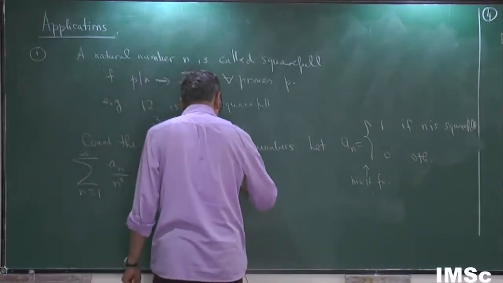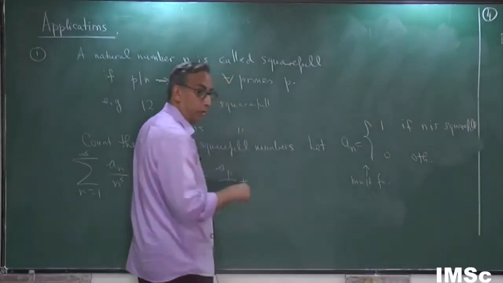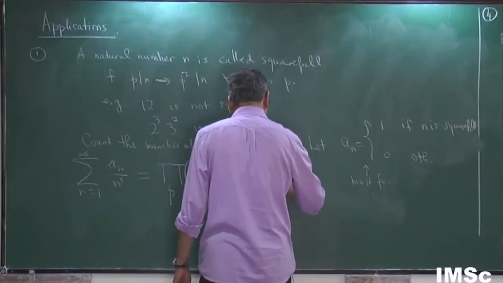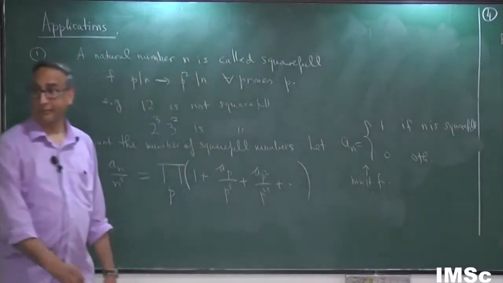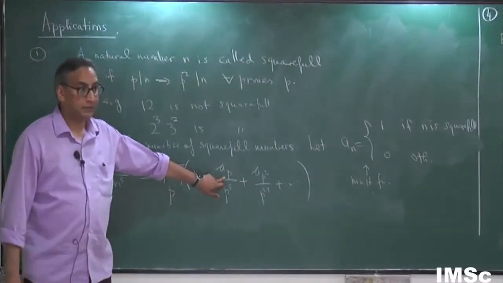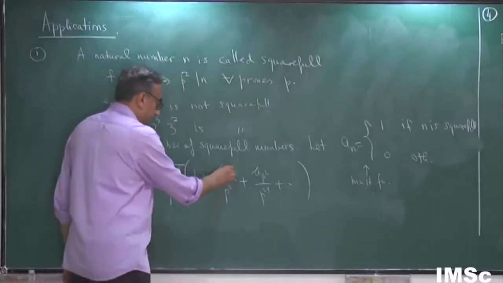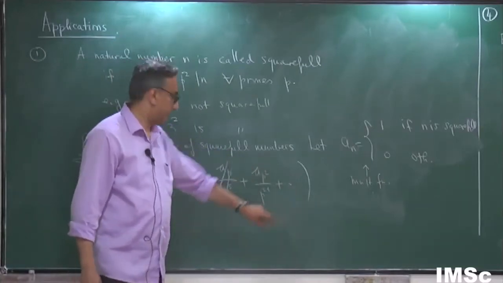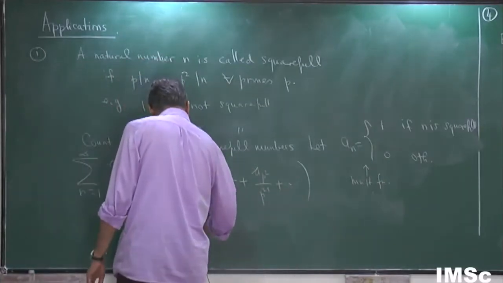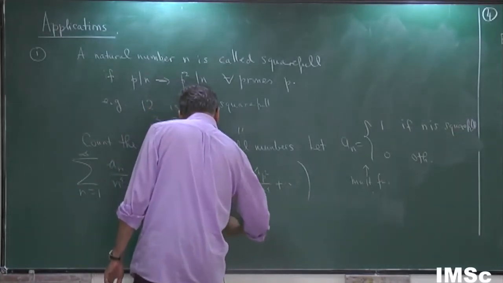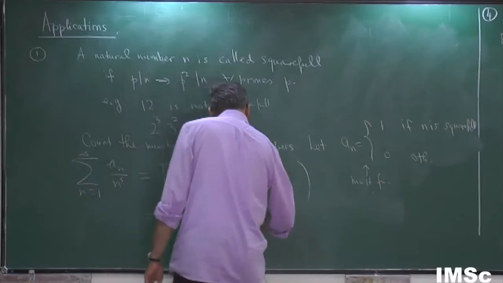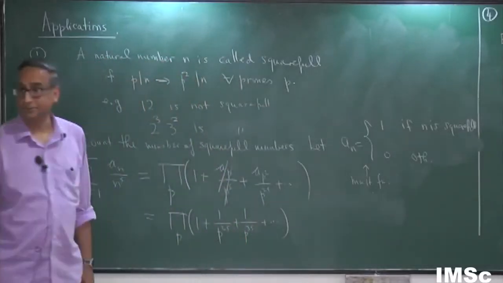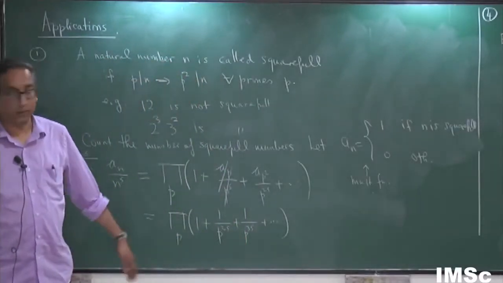We talked about Euler products, the zeta function, right? Now, p is not a squareful number, therefore this term doesn't exist, it's 0. But everything else is squareful, so this whole Euler factor at p is really 1 plus 1 over p to the 2s plus 1 over p to the 3s, and so on and so forth, right? That's what it is.